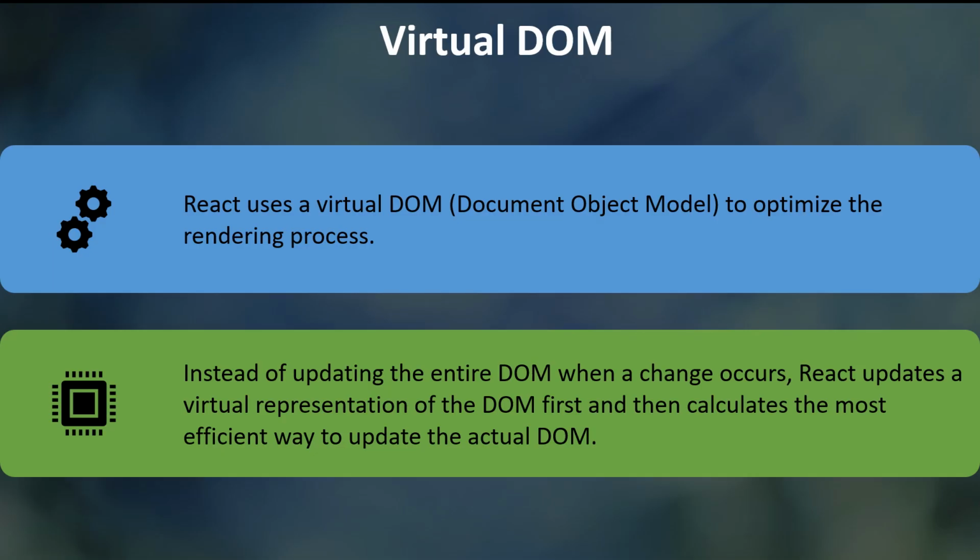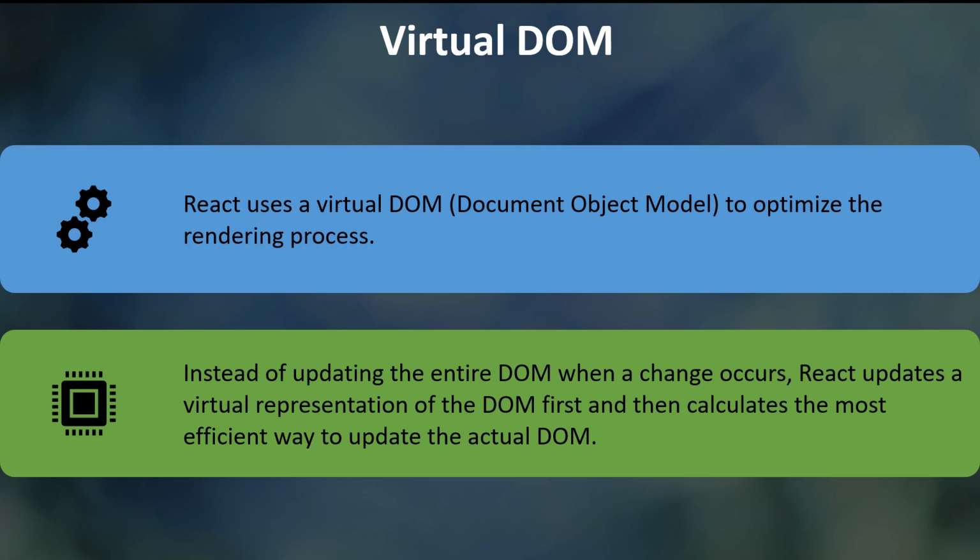The virtual DOM, where DOM is the document object model, is a quite important feature of React, and React uses the virtual DOM to optimize the rendering process. Instead of updating the entire DOM when a change occurs, React updates a virtual representation of the DOM first, and then calculates the most efficient way to update the actual DOM.